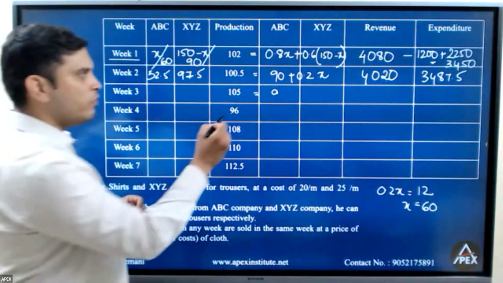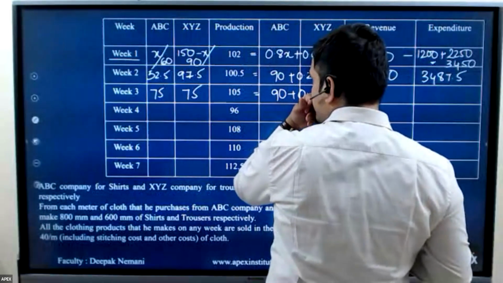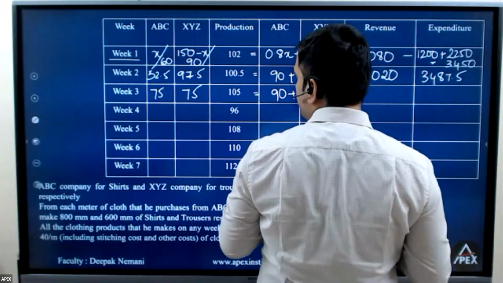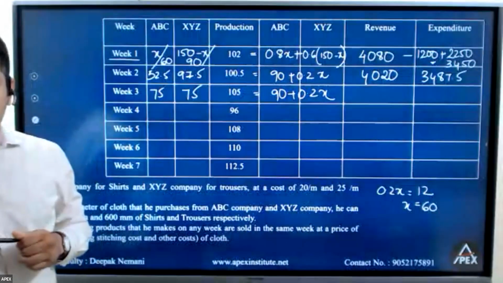Now 90 plus 0.2x is equal to 105. So this is 75. 75, so 50. So 75 into 20, 1500. 75 into 25.